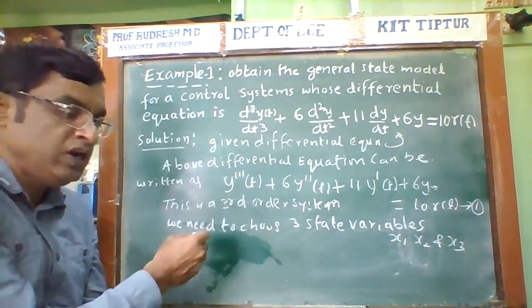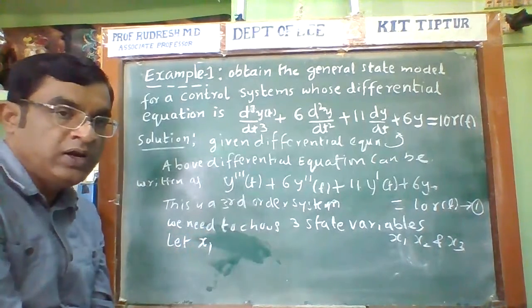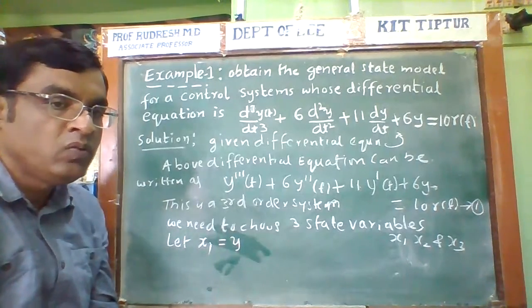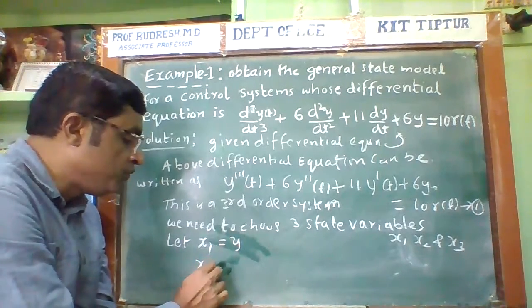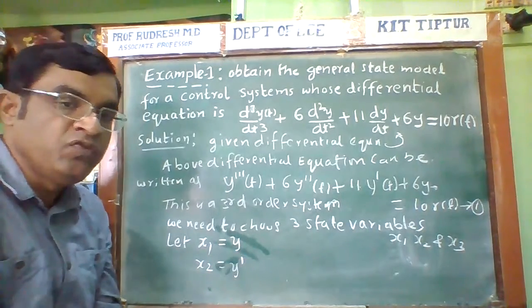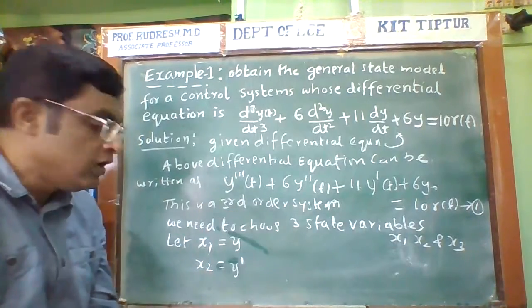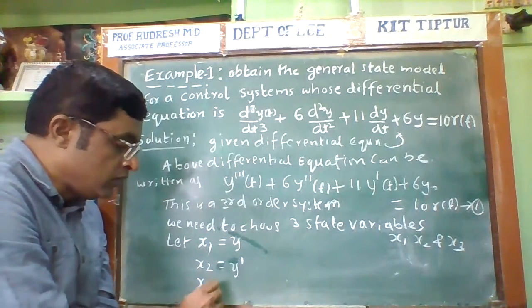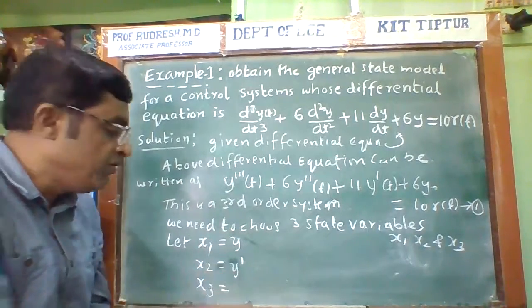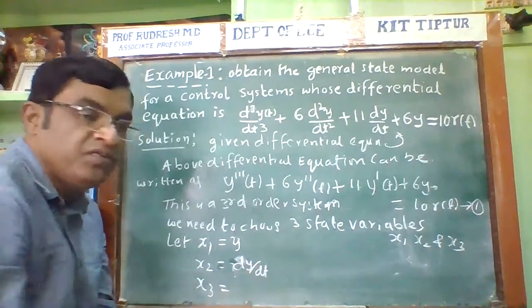Now what is the value of x1? Let x1 be equal to y, and x2 be equal to y dash, the first derivative of the output.